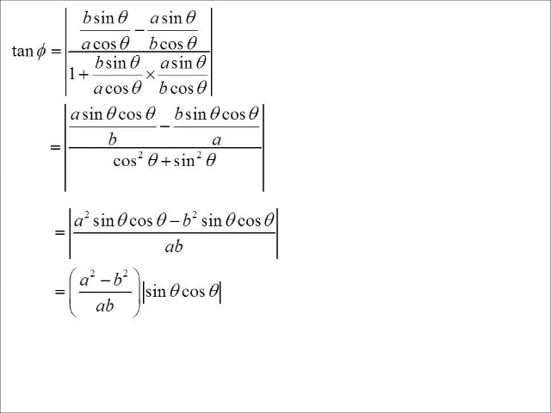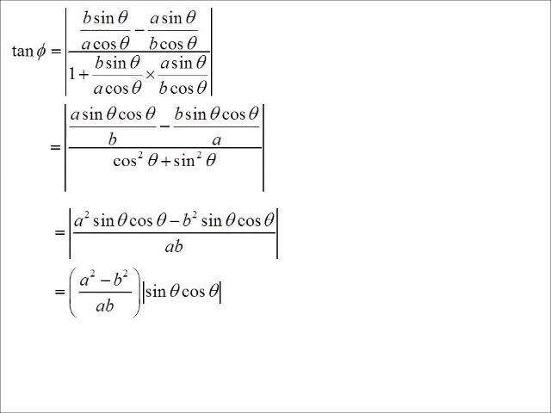yes, I was expecting a quicker response than that, but there we go. ab, so I can factorise out the ab, I wanted that. On the top of the fraction, we've got a common factor of sin theta cos theta. Now, this is where I think, if I remember correctly, I disagree with the answer, because I believe it should be the absolute value of sin theta cos theta. So I'm stubborn. I've left absolute value there.